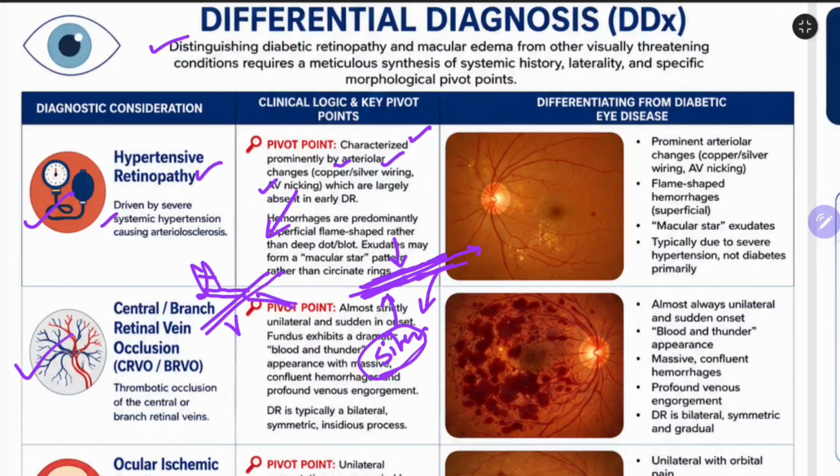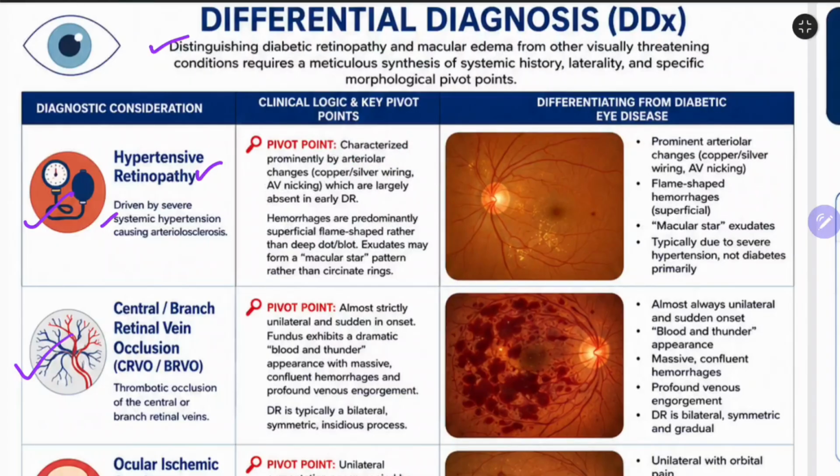But in case of hypertension, because the arteries are thickened, wherever they cross over the vein, the vein will be nicked, like this. So the vein is nicked by the artery. The artery is the nicker and the vein is nicked. That is an important differentiating point of early diabetic retinopathy from hypertensive retinopathy.